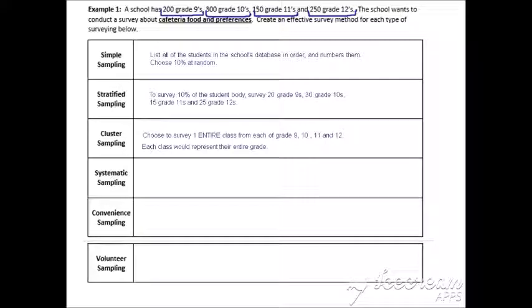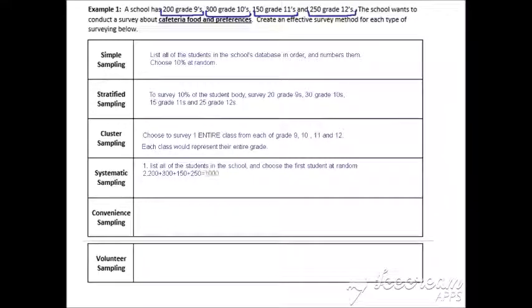Okay, now systematic sampling, there's two parts. Number one, list all of the students in the school and choose the first student at random. Okay, and then there is 200, 300, 150, and 250.